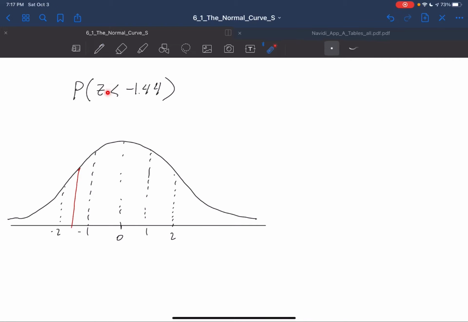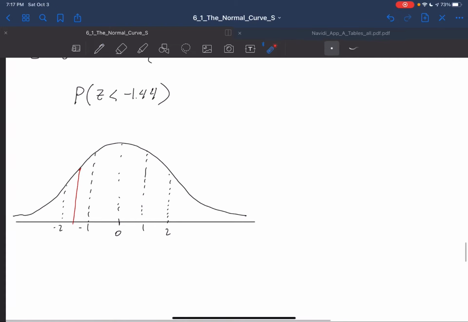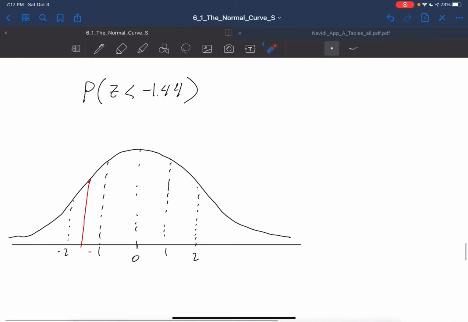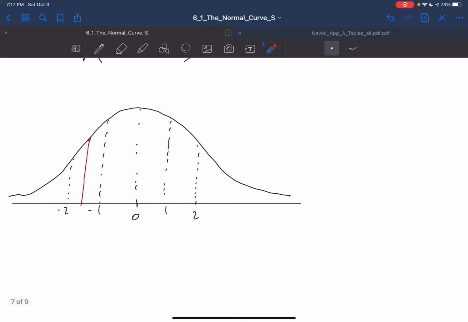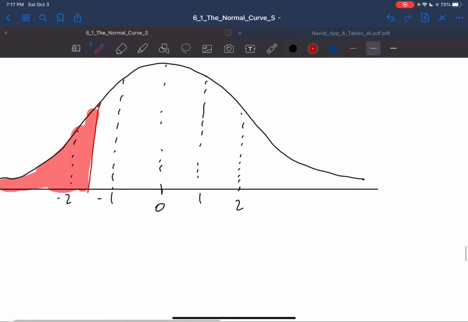Since it's less than, this tells you what area we are looking for. We want to find the area to the left of our z-score, z, which is equal to negative 1.44.